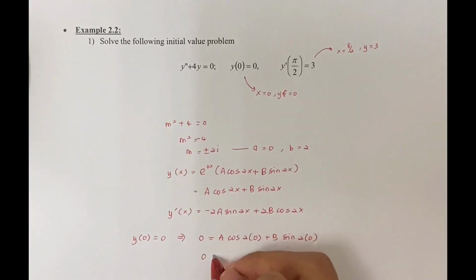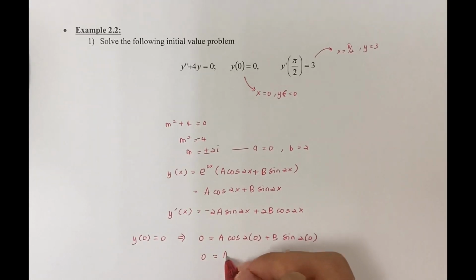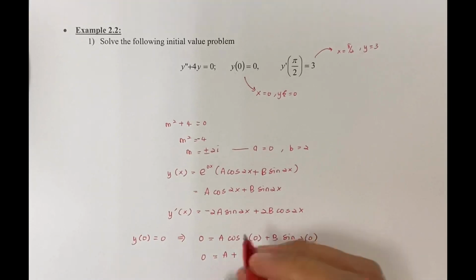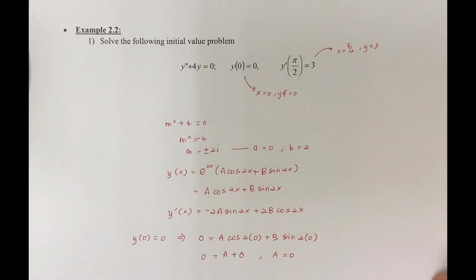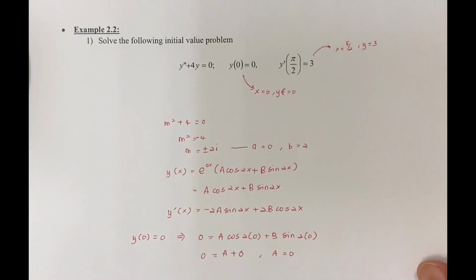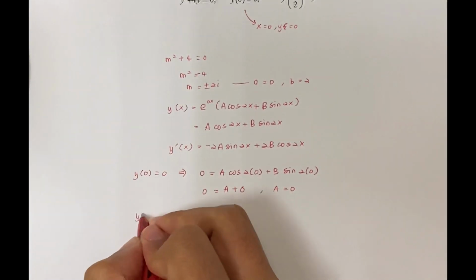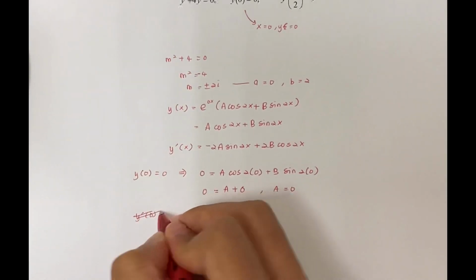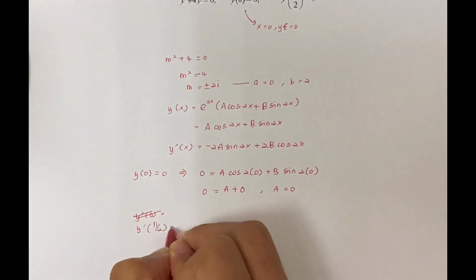So 0 equal to, cos 0 is always 1, so a, plus b sin 0, which is always 0. So you are just left with a. a is equal to 0. Okay. Then solve for y prime. y prime of pi over 2 is equal to 3.